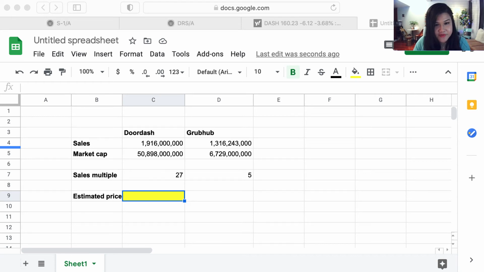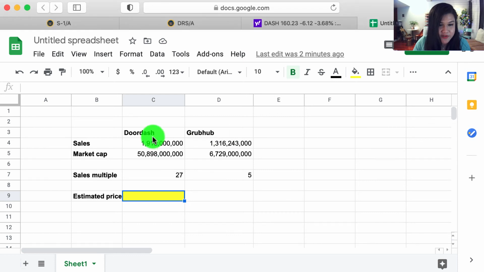In front of you is a spreadsheet that I put together where I dropped in the sales data for DoorDash that I took from their financial statements, and then I also dropped in the market cap number that I took from Yahoo Finance. I did the exact same thing for Grubhub. Then I took the market cap divided by sales to get to the sales multiple of 27 for DoorDash, and then I did the exact same thing for Grubhub and came out with a 5 times multiple.